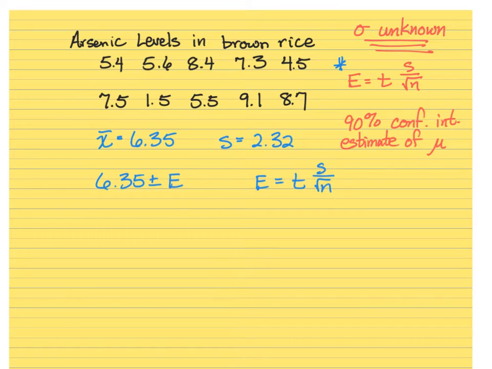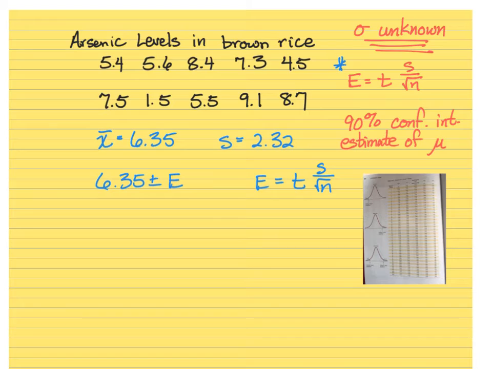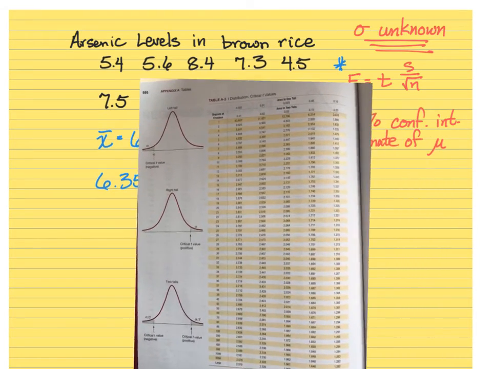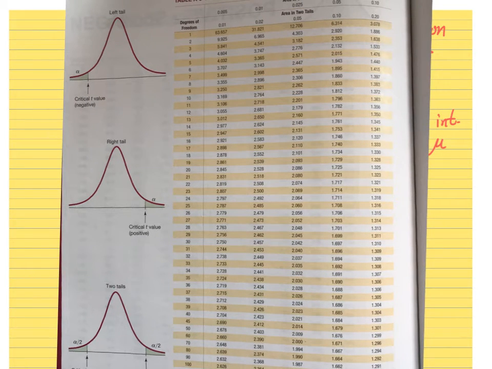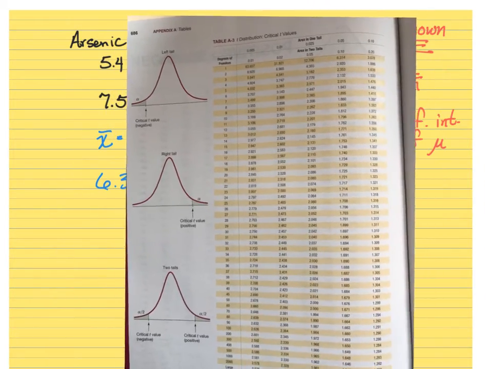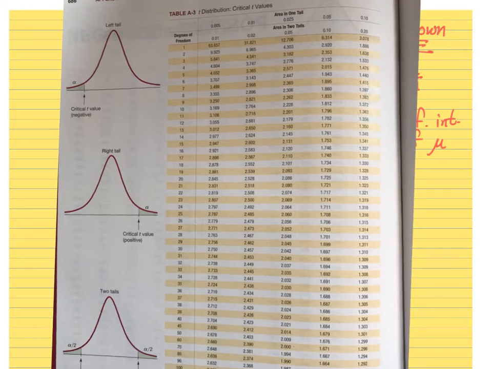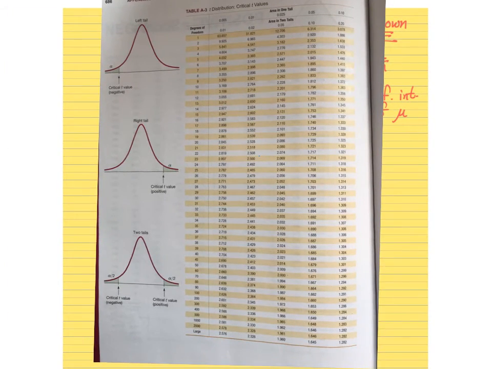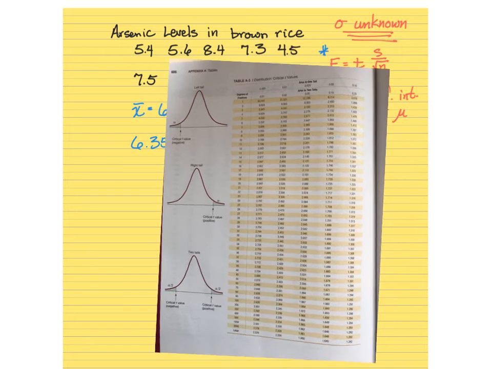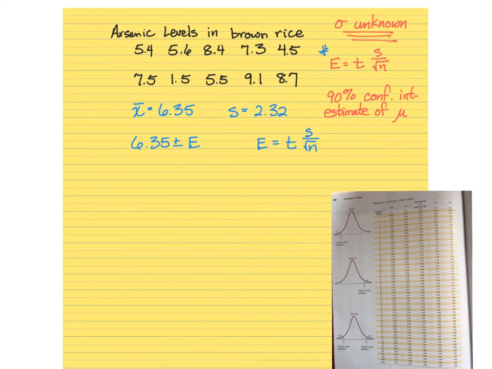So this is where we have to use our table. We're going to take a quick look at our table. We open up table A3, and its whole purpose is to give us these critical t values. What we're looking for in this table are two things. We need to know the area in one tail. Since we're creating the 90% confidence interval, let me draw the picture so you can remember.